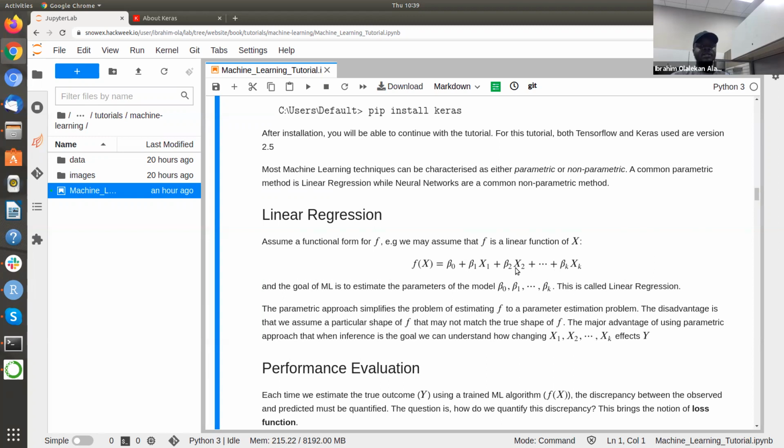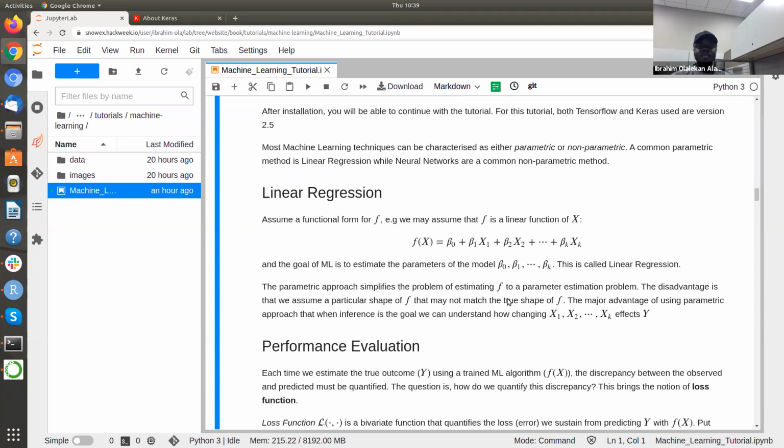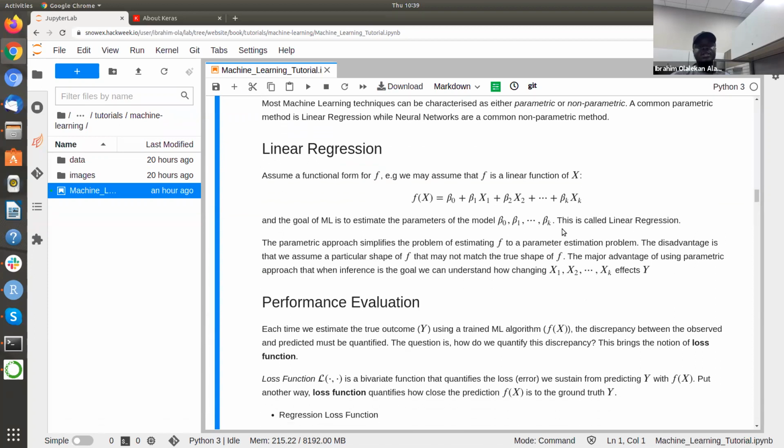If you want to look at how changing X affects your Y, then you are most likely to use a parametric approach. Now that we have mentioned linear regression, the parameters of a linear regression are estimated using basically two approaches: gradient descent, and the ordinary least squares approach.